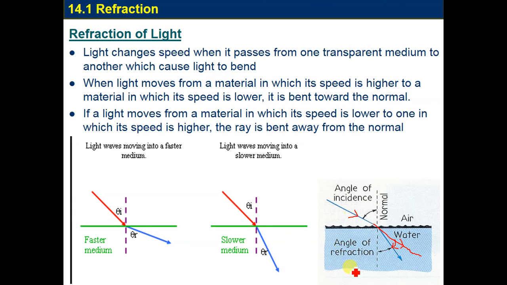Pay attention with me. This is the first figure, so we have to know how to draw these. When the light travels from a medium in which the light is faster to a medium in which the light is slower, the light bends toward the normal.